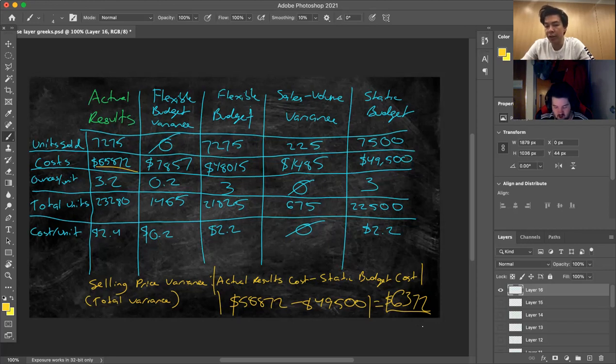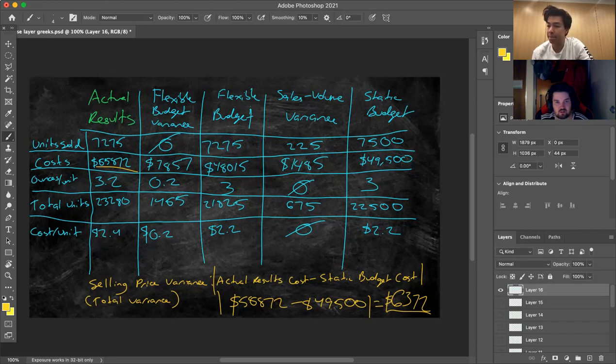$6,372. And do you think this is a favorable variance or an unfavorable variance? For the flexible budget variance or the sales volume variance? So we're comparing actual results right now to the static budget. Would that be favorable? Or wait, these are costs.